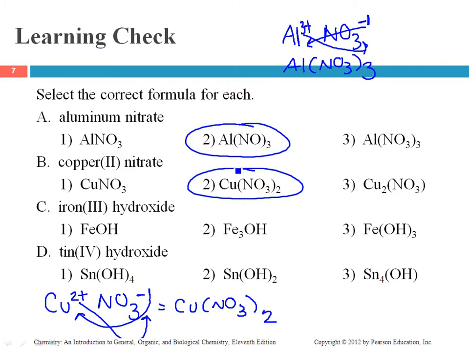For C and D, we also have transition metals. We're still dealing with ionic compounds because we have a metal and a non-metal. So we have iron, just Fe. We have to find this on the periodic table. Your periodic table will also have names under the elements, and it has a 3+ charge.